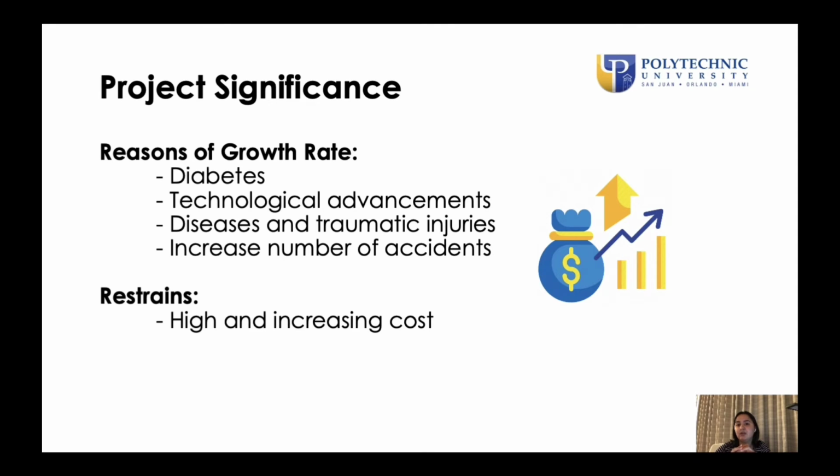Every year in the U.S., diseases and traumatic injuries cause 185,000 amputations. 45% of the amputations are due to traumatic injuries. The market also has restraints that are mostly the high and increasing cost.